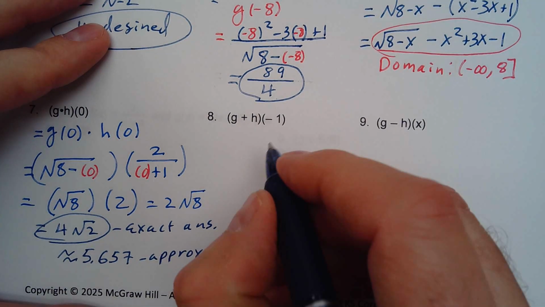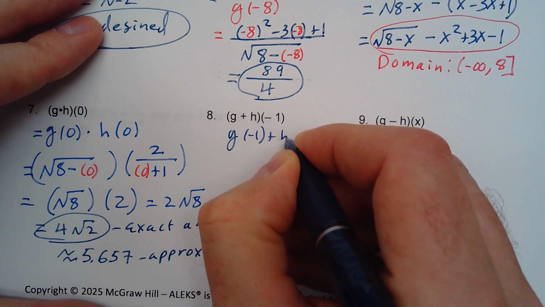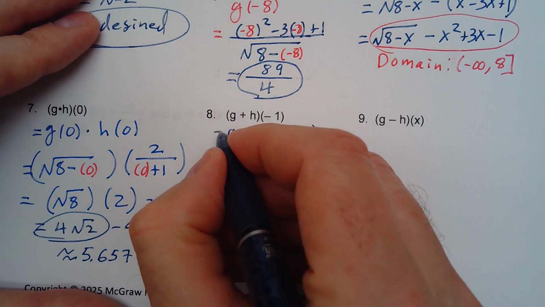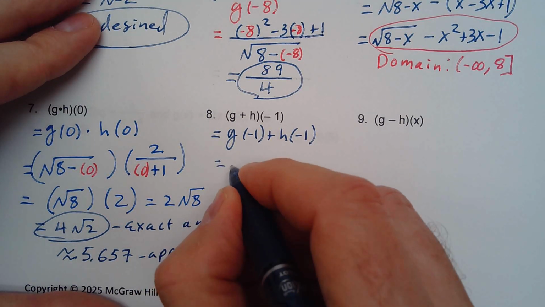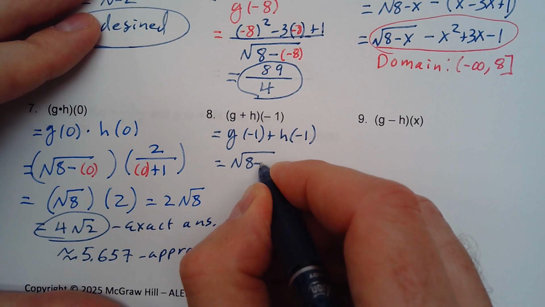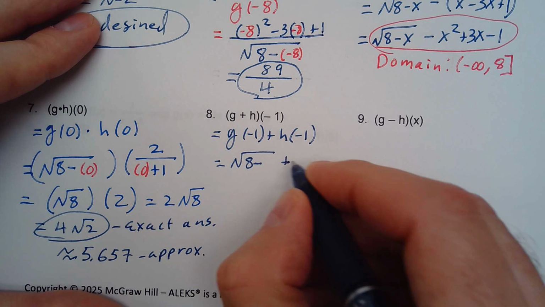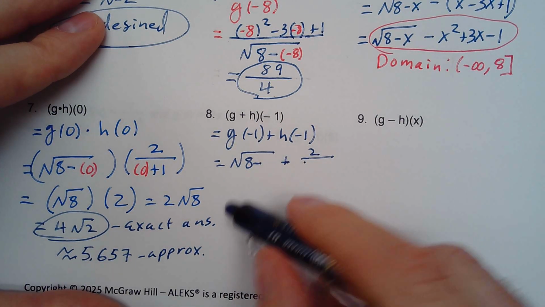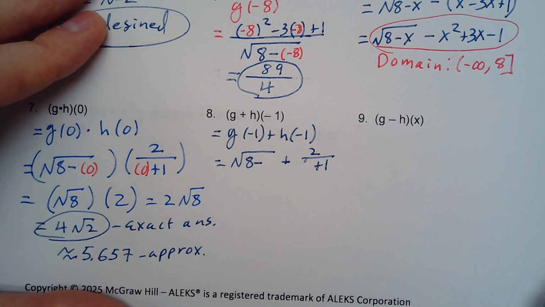Let's try number 8. Here we've got g of negative 1 plus h of negative 1. So this would be equal to the square root of 8 minus negative 1 plus 2 over negative 1 plus 1.